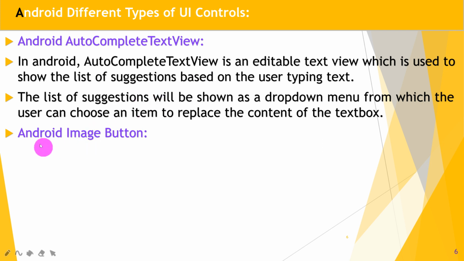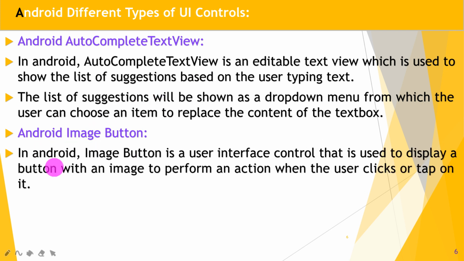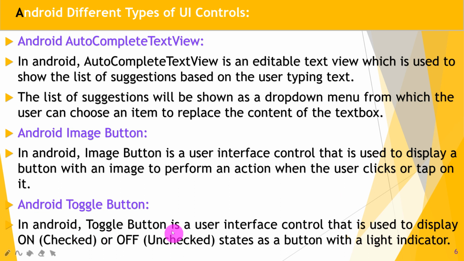So, Android image button. In Android, image button is a user interface control that is used to display a button with an image to perform an action when the user clicks or taps on it. Android toggle button. In Android, toggle button is a user interface control which is used to display an on or off, that is checked or unchecked state, as a button with a light indicator.